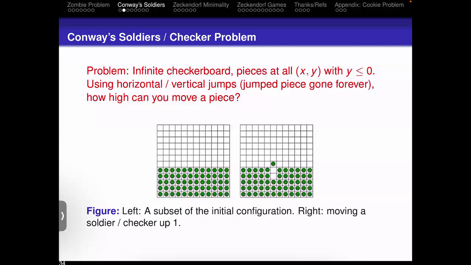Can anybody give me a way to get a checker up to row 2? And again, without loss of generality, this has to be your first move. Is it possible to get a checker up to row 2? What could we do? Not with the first move, but with some finite number of moves, can you get a checker up to row 2?